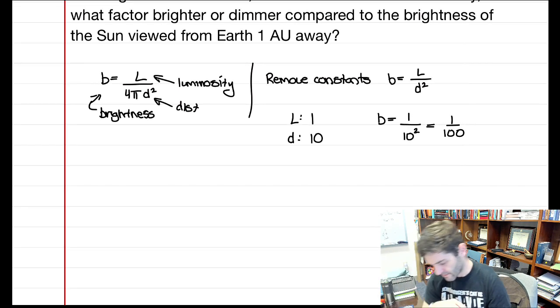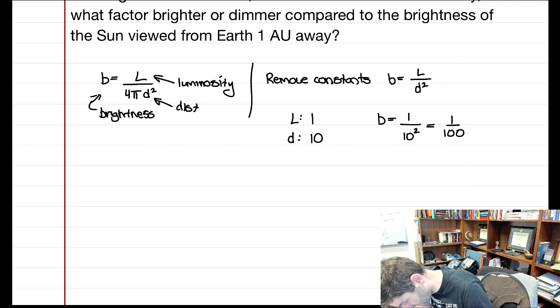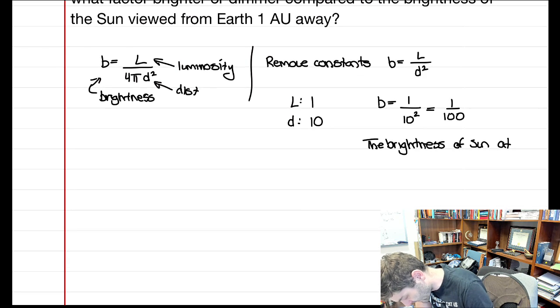So then, since we were comparing Earth to Saturn, that says that the brightness of the sun at Saturn is 1/100th that at Earth.